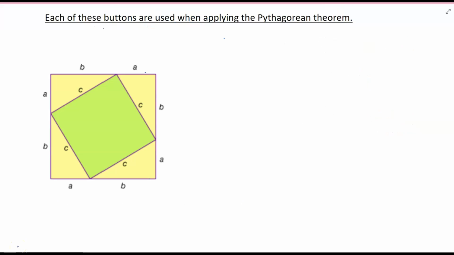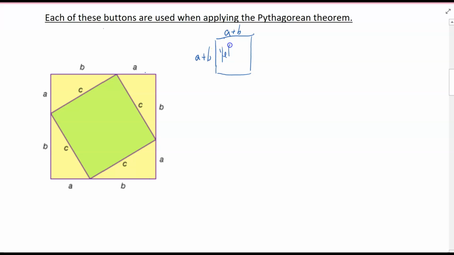Before I get into the Pythagorean theorem, I thought it might be interesting to show you where it comes from. And this is a bit of a proof. So if you take a look at the diagram shown, picture this as a yellow square that has side lengths a plus b by a plus b.